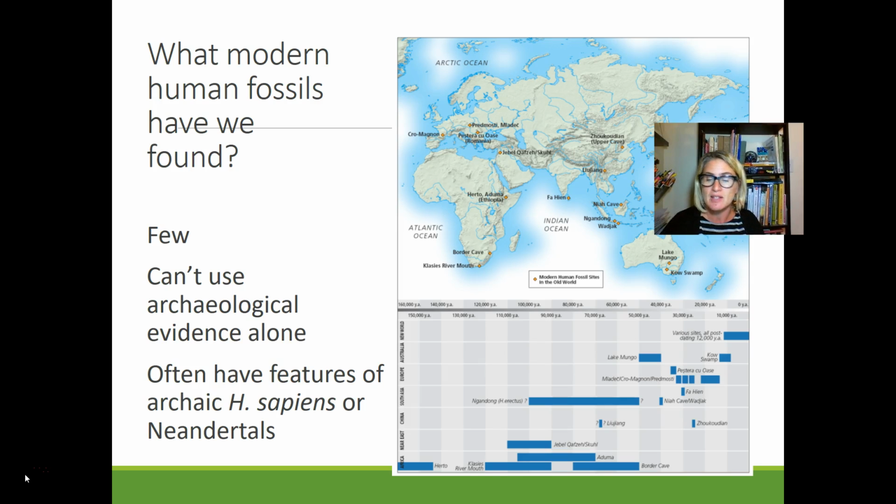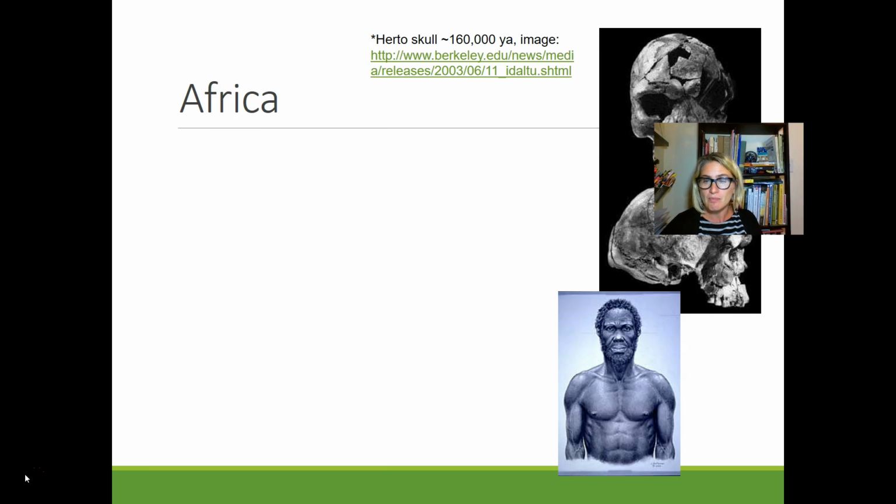You know, there's not a single tool, for example, that is associated with moderns versus archaics or Neanderthals that sets them apart. And often the fossils that we do find have features that are archaic Homo sapiens or Neanderthals, not completely anatomically modern Homo sapiens. But let's look and see what we do have.